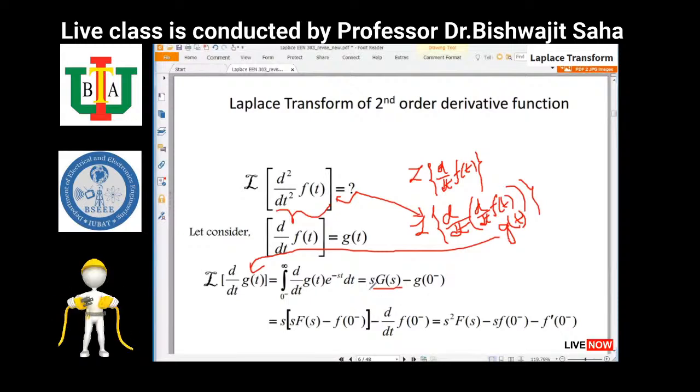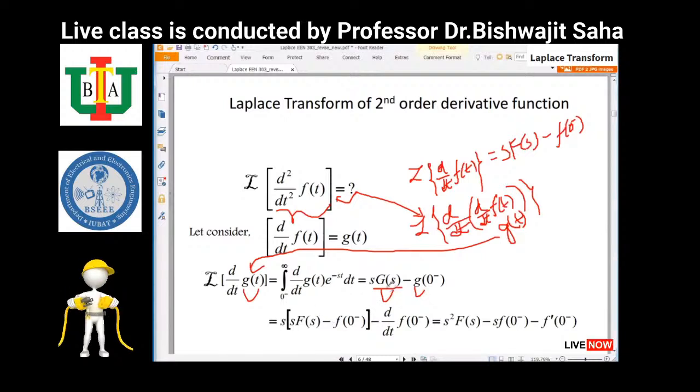From here, it was s F of s minus f of 0 minus. Since here it is g, it will be capital G and small g.